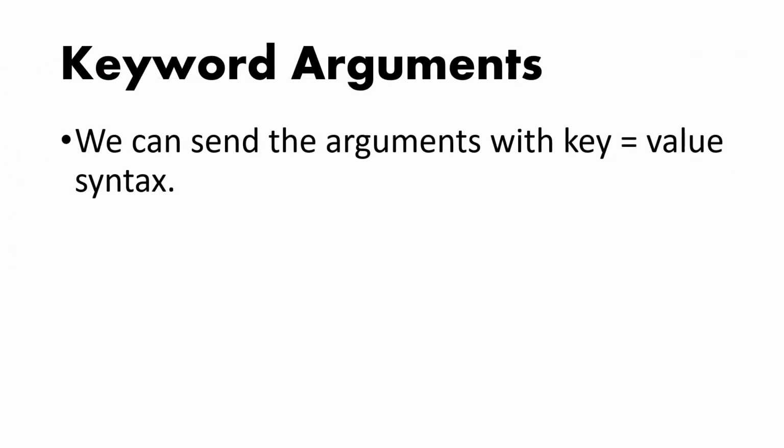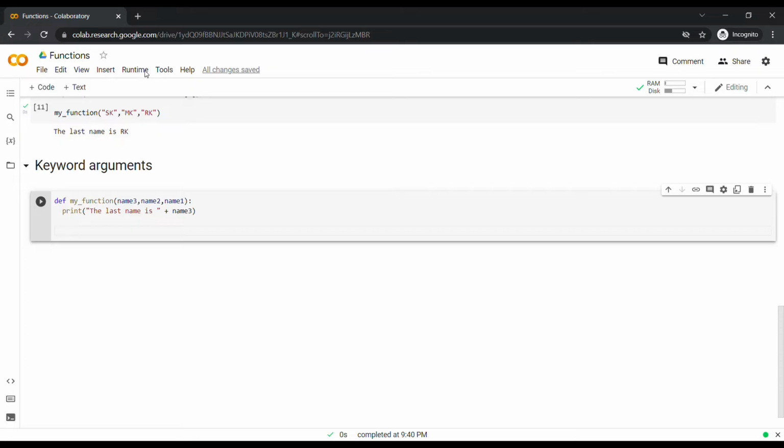Now let's see about keyword arguments. We can send the arguments with key value syntax. Let's see an example for this. Define my function, name 3, name 2, name 1, and print the last name is plus name 3.